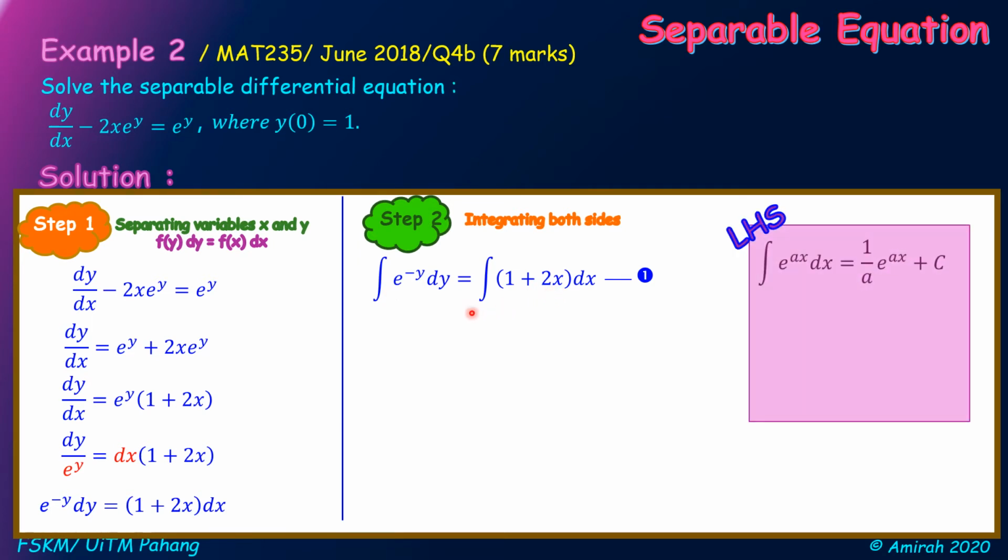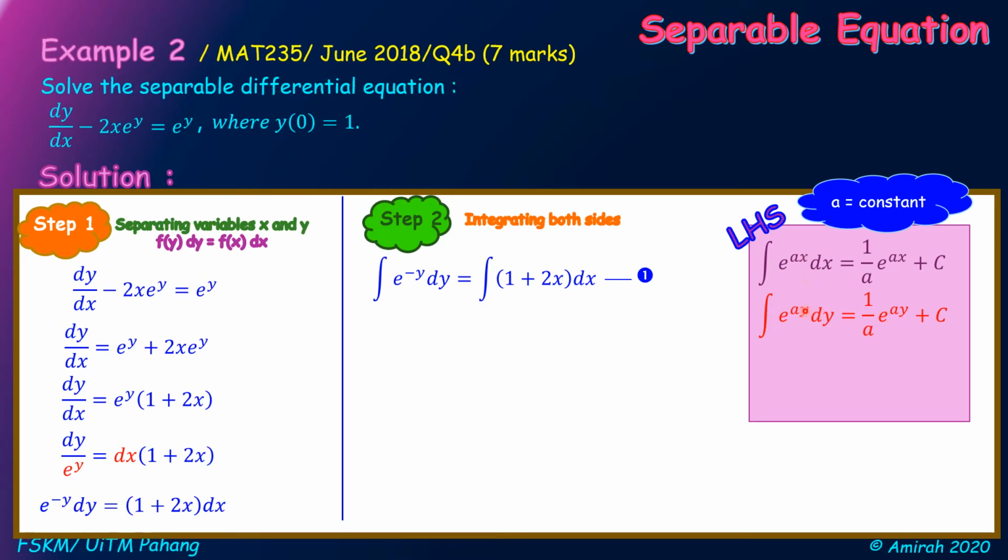When we integrate the left hand side, we can refer to the formula for the integration of e to the power of ax dx, which equals 1 over a times e to the power of ax plus c. Here, a means a constant. If we have variable y, we can write the integration of e to the power of ay dy equals 1 over a times e to the power of ay plus c.